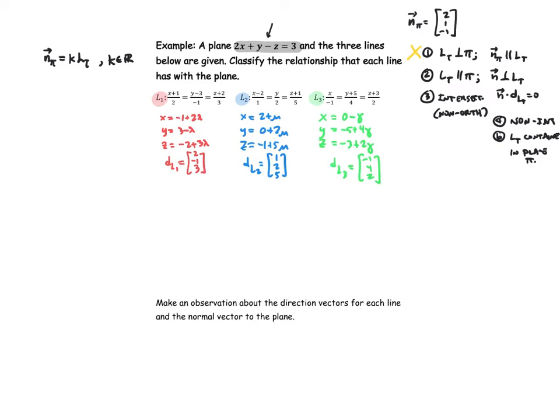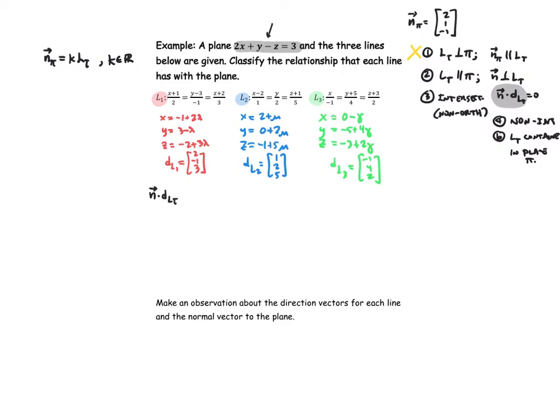So let's look at this condition right here: the normal dotted with the direction vector of each line, and see if it equals 0.